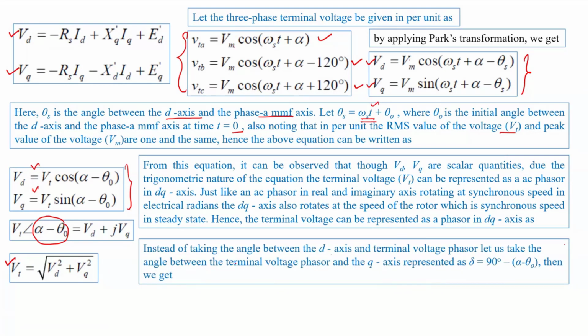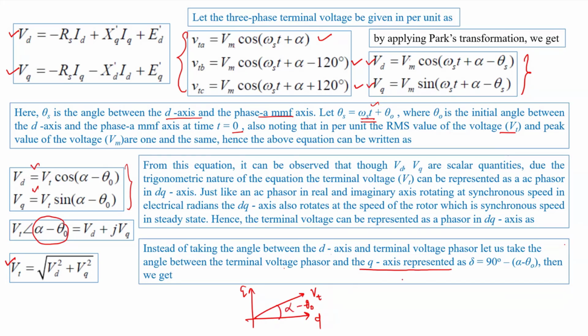Instead of taking the angle between the d axis and the terminal voltage phasor, let us take the angle between the terminal voltage phasor and the q axis. Here we have the d and q axes, Vt, and the angle alpha minus theta naught.